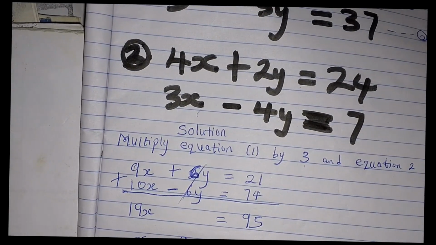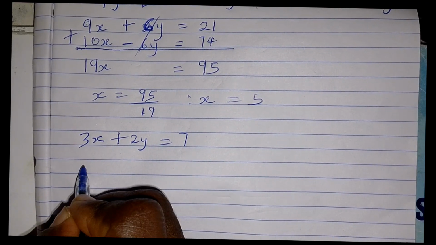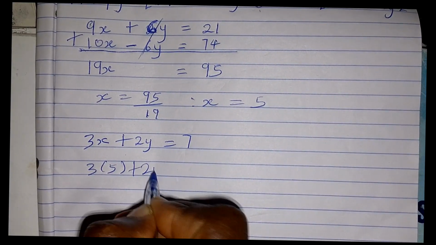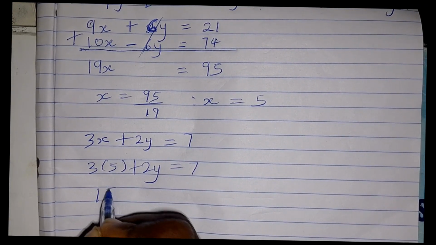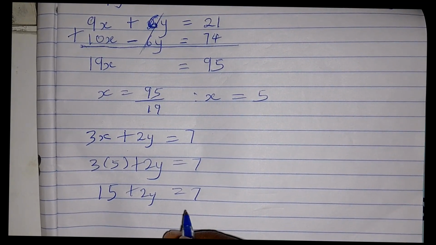Okay, so 3 times x, which is 3 times 5, plus 2y equals 7. And 3 times 5 is 15, plus 2y equals 7.